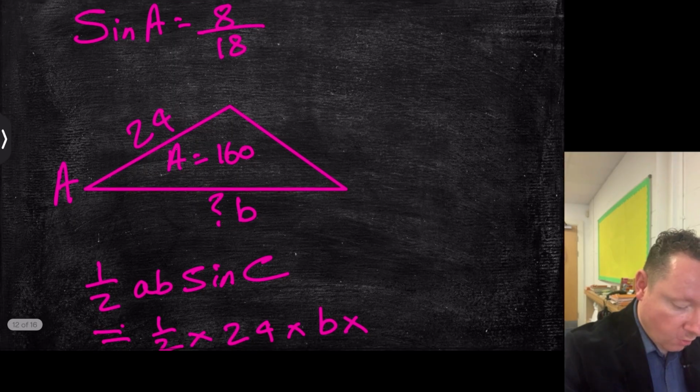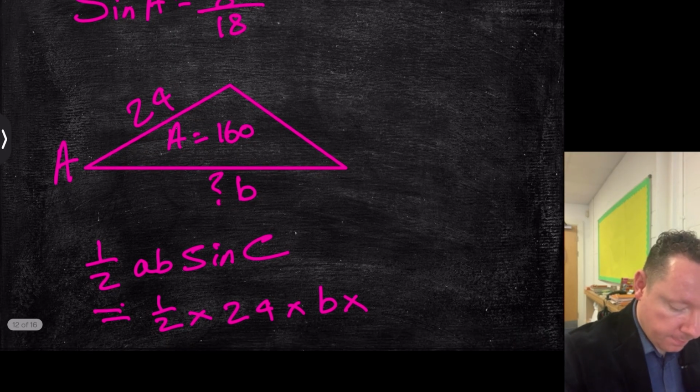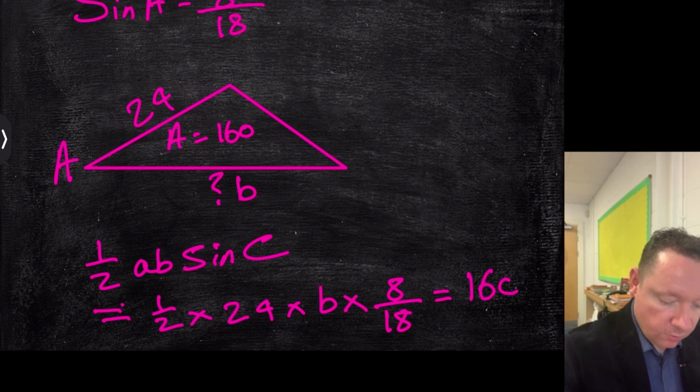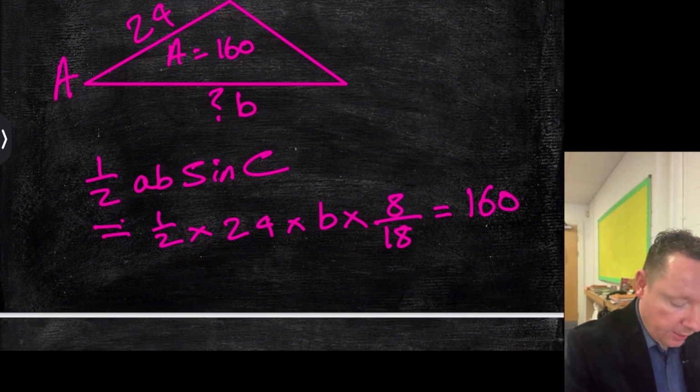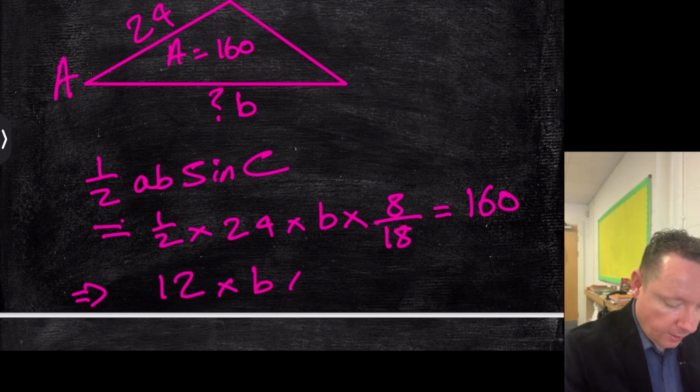So that is 8 over 18 for sine A. And that equals the area of 160. So we've just got an equation to solve. So working out as much as I can on the left-hand side, that gives me a half times 24 is 12 times B times 8 over 18 equals 160.